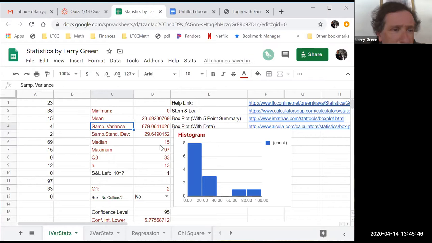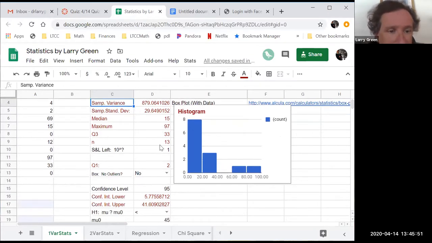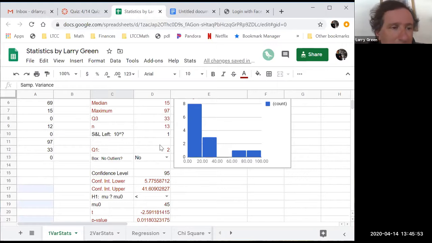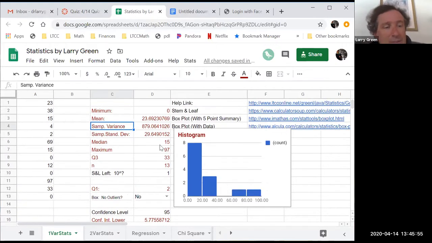And the mode you should just be able to eyeball. I don't even know if it's in here. Might be or might not be, but you should be able to eyeball the mode. What is the mode of this data? Yeah, 0. There were 3 zeros and there was nothing else that was triple. So the mode is 0.